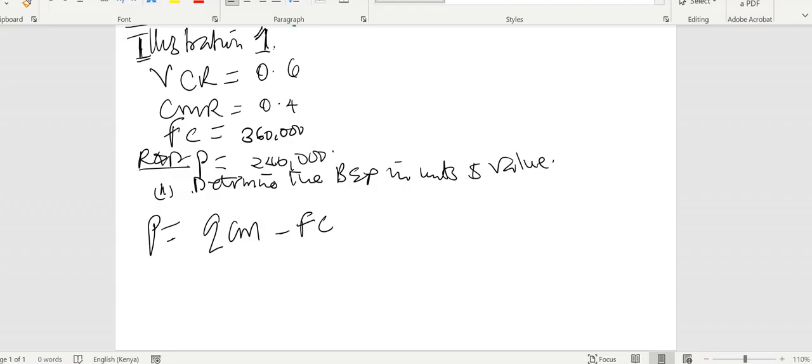So what are we given? Profit is given. Are we given quantity? Fixed cost is given.